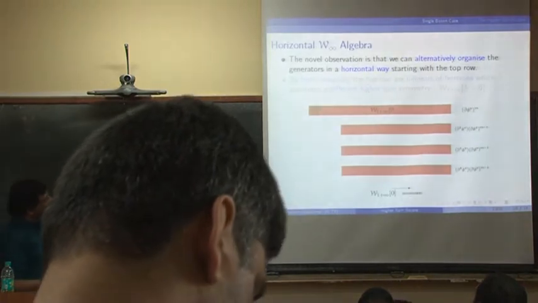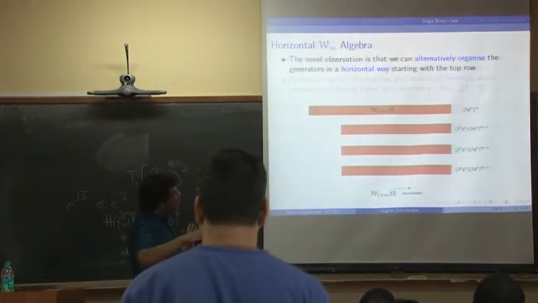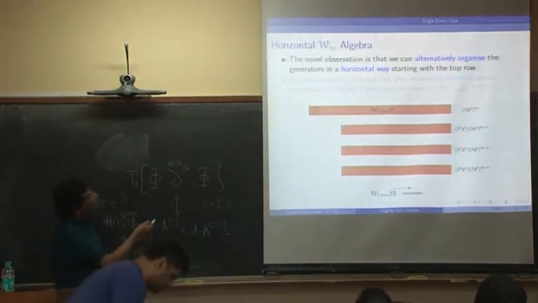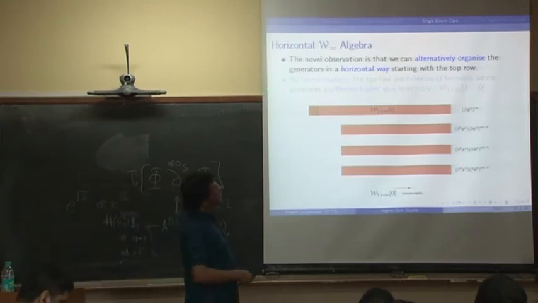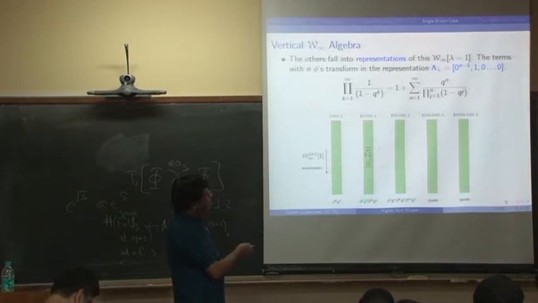To see that structure, you can actually slice up these generators in a different way. There's an alternative way of slicing the generators in which you do a horizontal slicing. What do I mean by that? You first take the top row of each of these columns. The top row is the one in which you have the least number of derivatives.